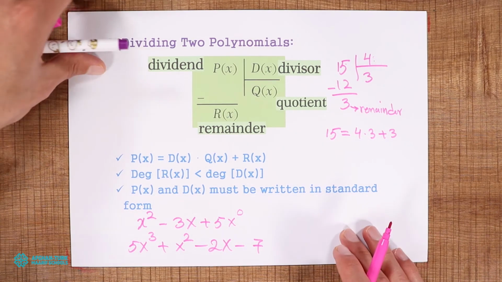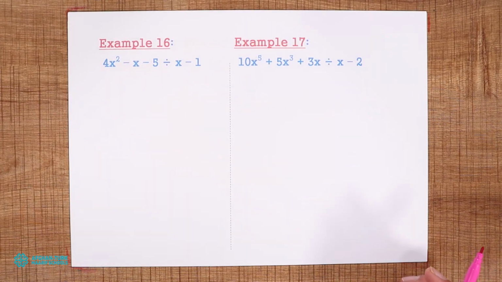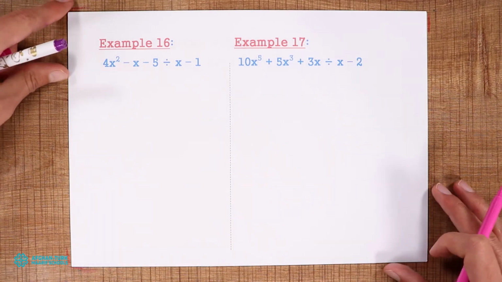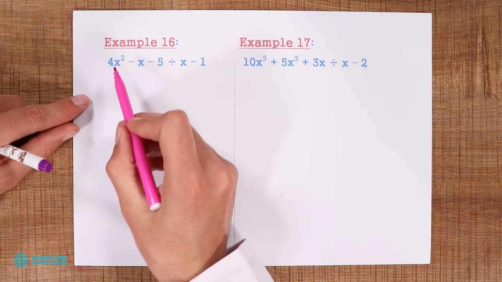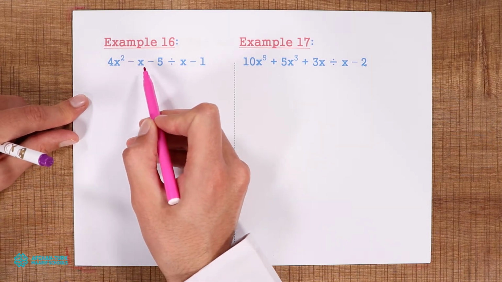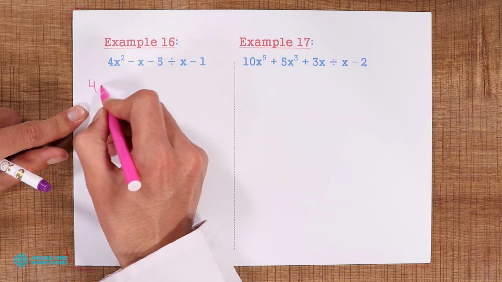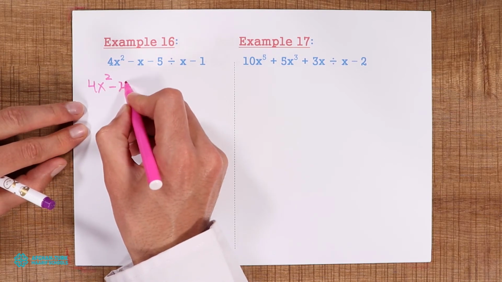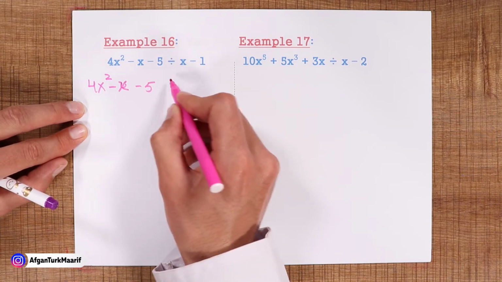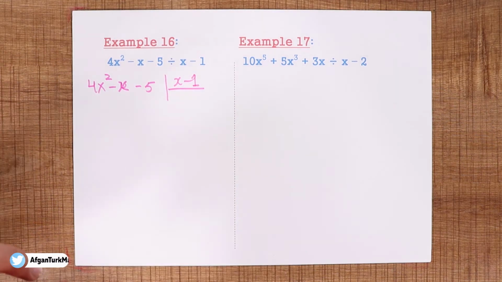To divide the polynomials, you must find a term to multiply by the divisor and get exactly the first term of the polynomial. Here we have 4x to the power of 2 minus x minus 5 divided by x minus 1. Let's start to divide this. It is better to write 4x squared minus x minus 5 divided by x minus 1.